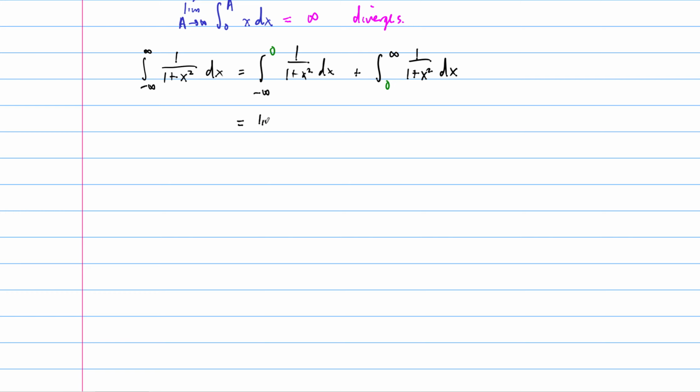So we can write this one as the limit as t approaches minus infinity of the integral from t to 0 of 1 over 1 plus x squared dx, plus this one can be written as the limit, I'll use capital A again, as A goes to infinity of the integral from 0 to A of 1 over 1 plus x squared dx.